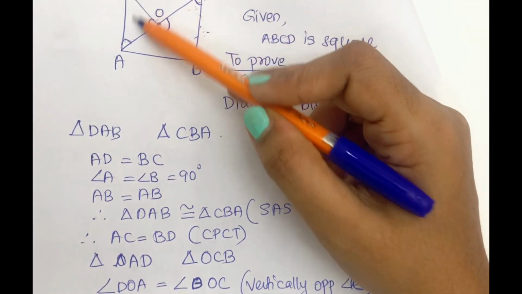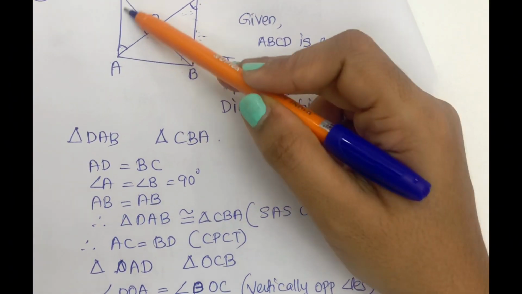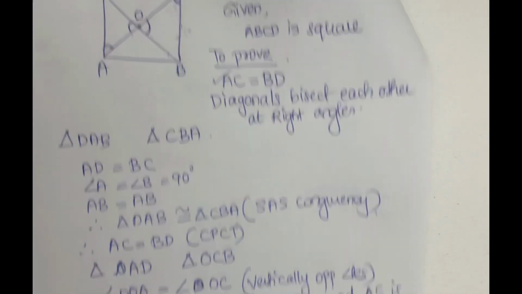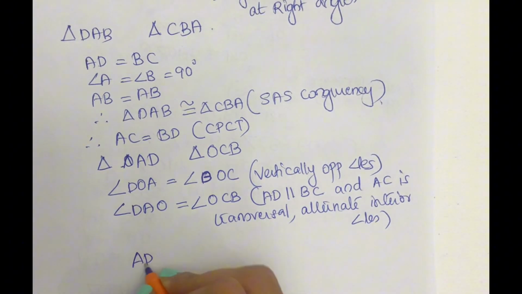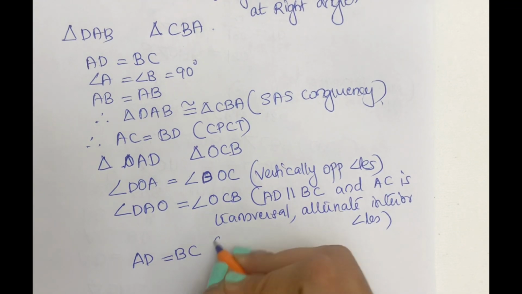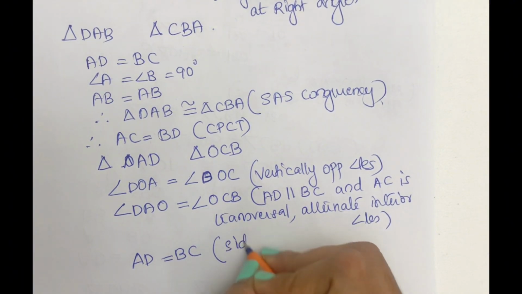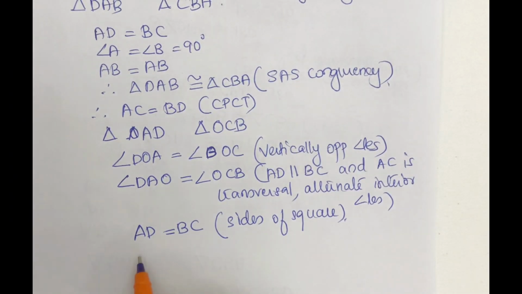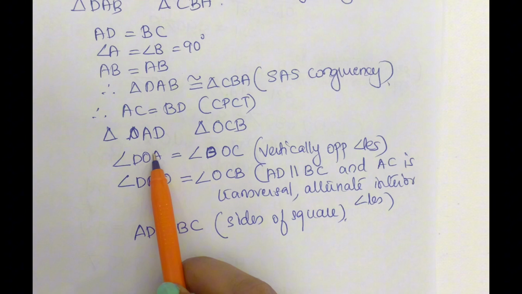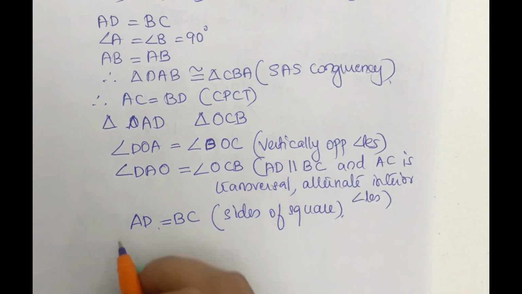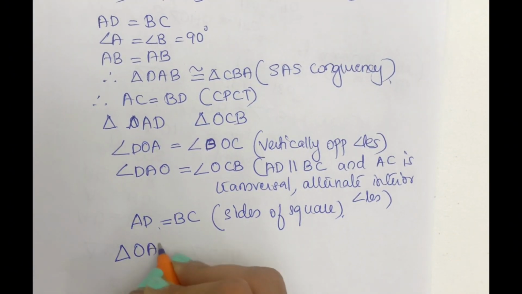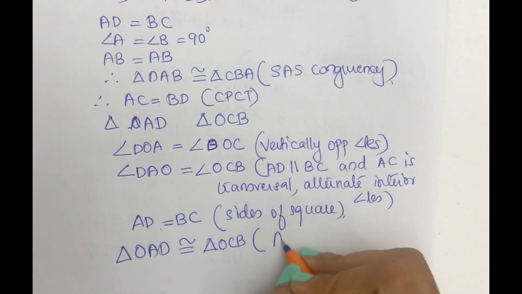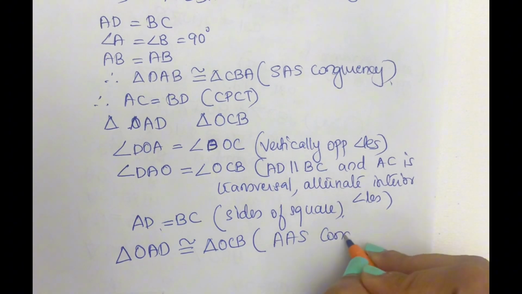Now you know AD will be equal to BC. It's given, it's a square, no? AD is equal to BC because they are sides of a square. So therefore, by AAS congruency, triangle OAD will be congruent to triangle OCB.